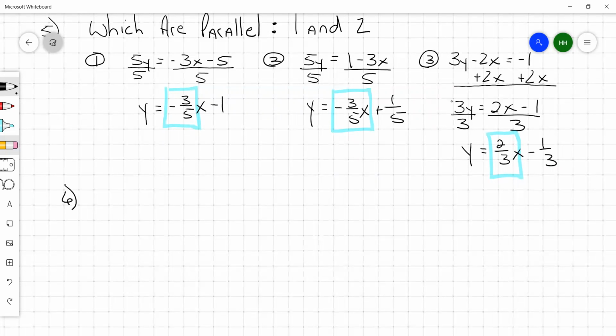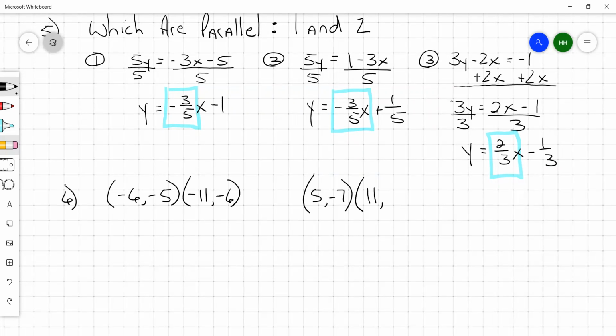So we're on number 6, and it says, there's a line through the points -6, -5, -11, -6. Perpendicular to the line that goes through 5, -7, 11, -15. Well, perpendicular lines have slopes that are negative reciprocals of each other. So you need to find the slope of each line and then compare them.